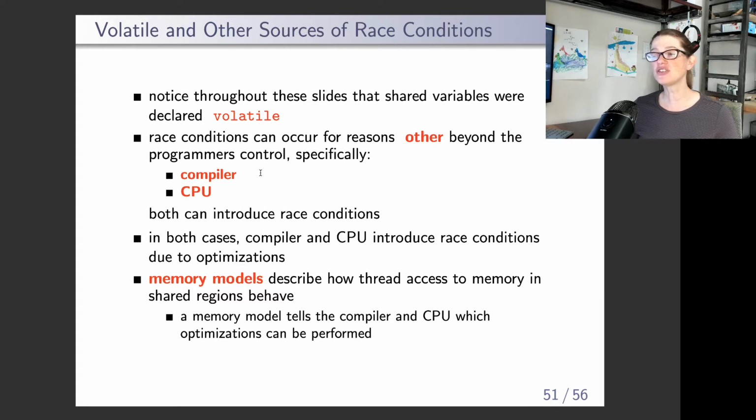And so we've had to introduce, and these have been around for a long time, this concept called a memory model, which is really just talking about how threads access memory in shared regions. What's the behavior of memory access in a shared region? The memory model tells the compiler and the CPU exactly what order those instructions have to be performed in, in order to have things work out.